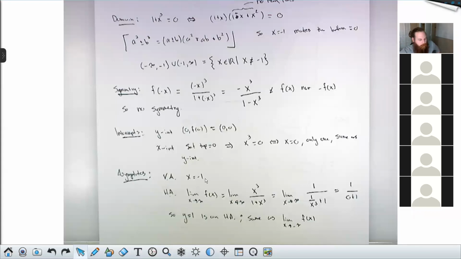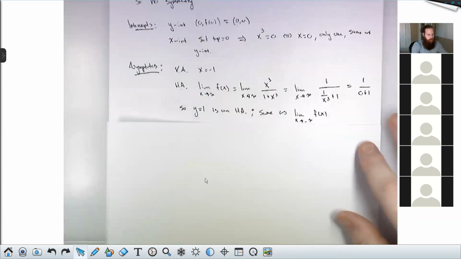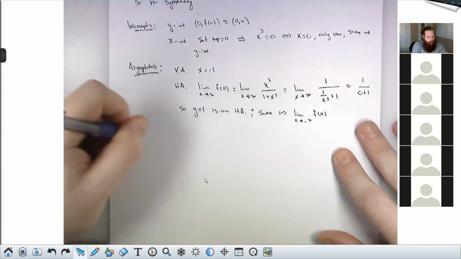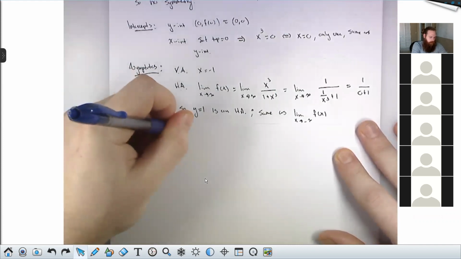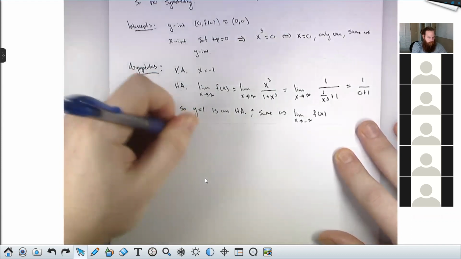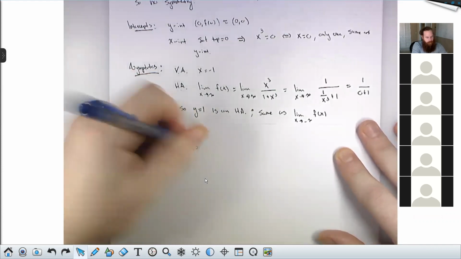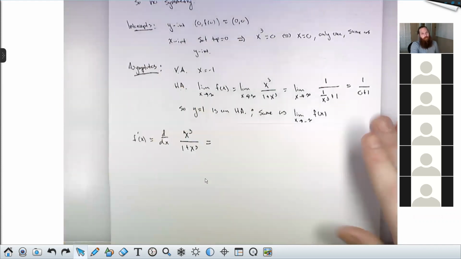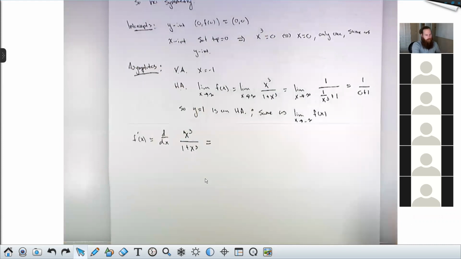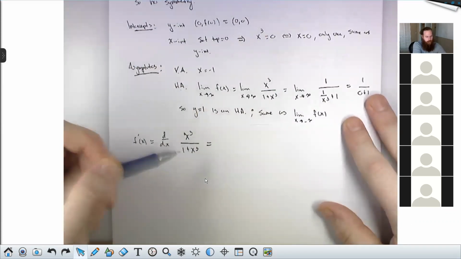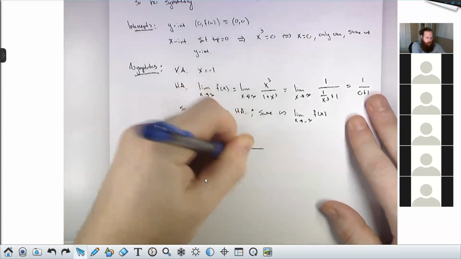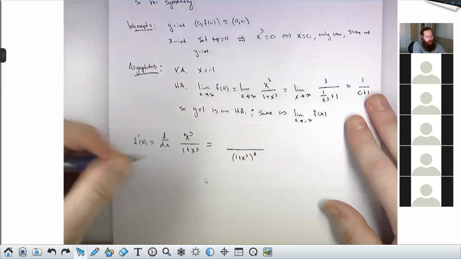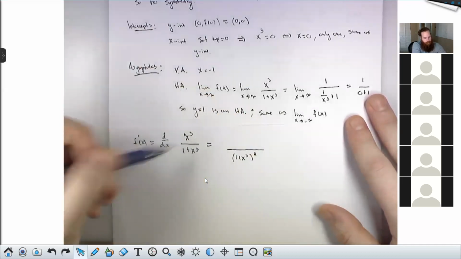Now I'll take the first and second derivative. F prime of x is d dx of x cubed over 1 plus x cubed. And for this, we would want to use the quotient rule. So that's low d high minus high d low over low low. So my denominator here is 1 plus x cubed all squared. And upstairs I'll have the bottom times the derivative of the top.